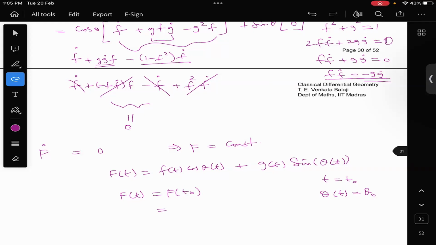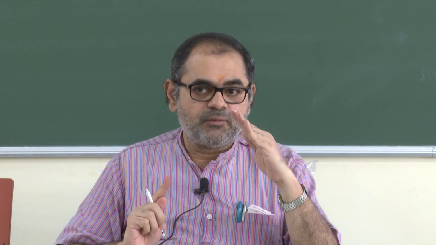f of t naught is cos theta naught, and g of t naught is equal to sin of theta naught. So there's a small point of view that you have to understand: if you want to write a unit vector as cos alpha, sin alpha, that has got no calculus involved.